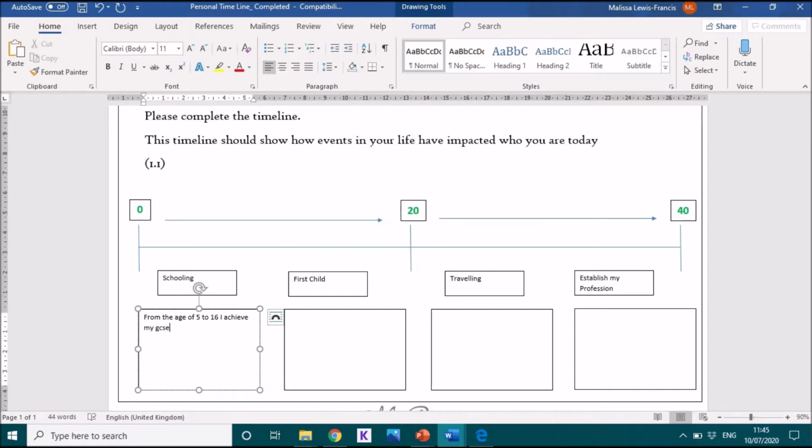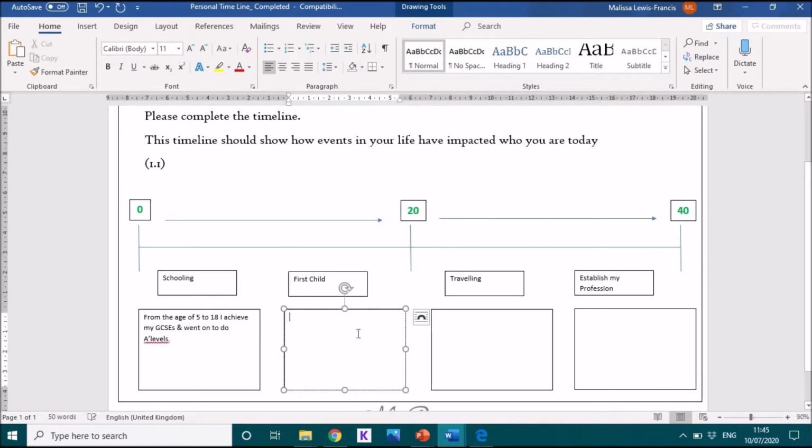Yeah? Or, for me, I did A-levels. So, I would put from the age of 5 to 18, I achieved my GCSEs, and went on to do A-levels. You could be as detailed as you like. You can detail the GCSEs you took. You can detail the A-levels you took.